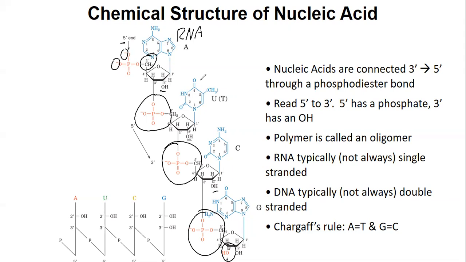In an organism, the amount of A is going to be equal to the amount of T, and the amount of G is equal to the amount of C. Most organisms follow Chargaff's rule. There are actually organisms that don't, but those are going to be in extremely extreme conditions where they live. But most organisms that we interact with will follow Chargaff's rule.